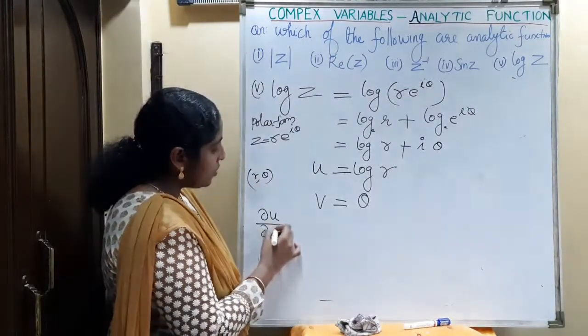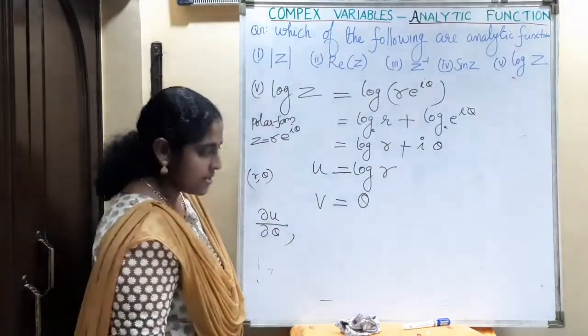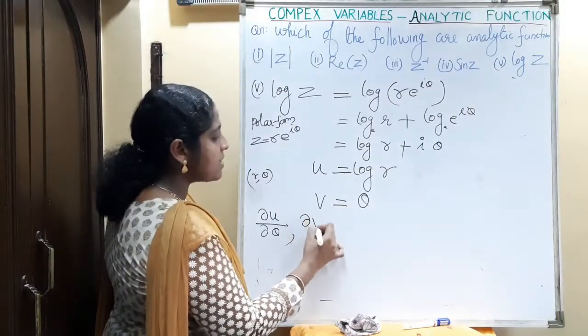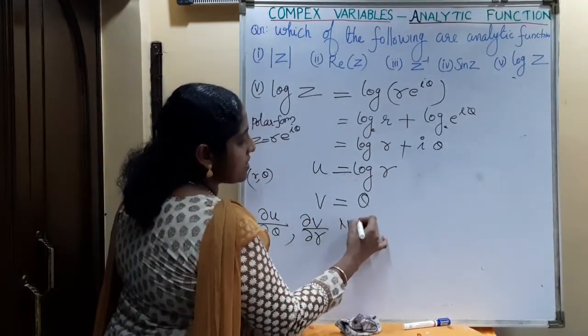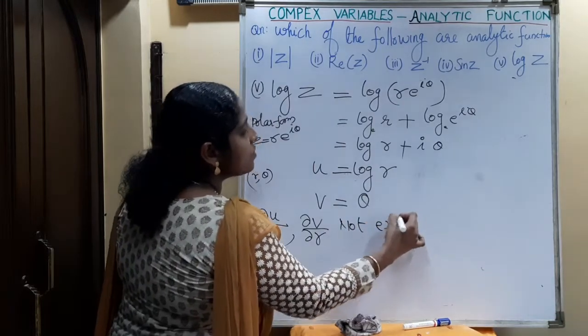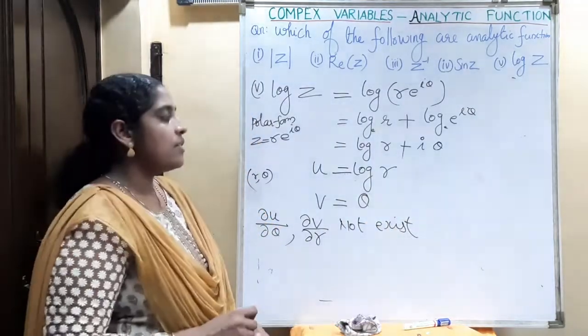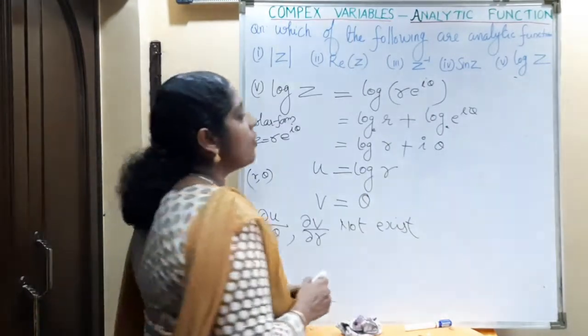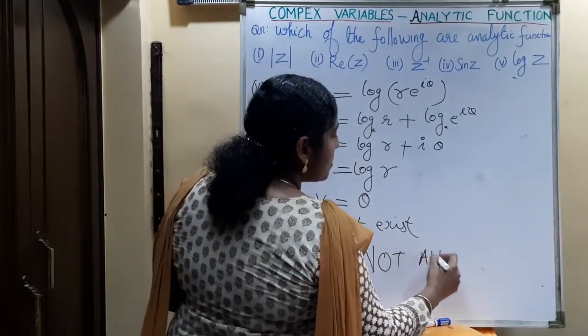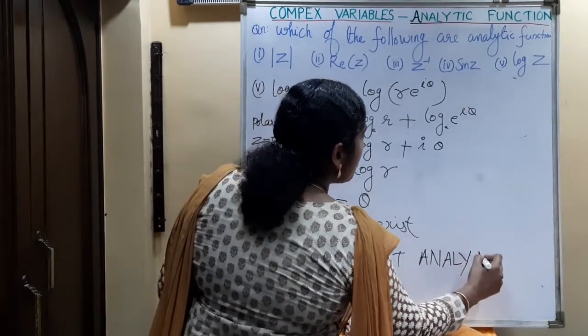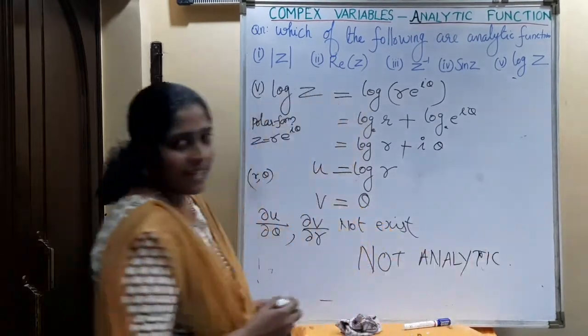So dou u by dou theta does not exist, and since v is equal to theta, dou v by dou r does not exist. Since these two derivatives do not exist, the function log z is not analytic. No need to check the Cauchy Riemann equations. The first condition itself fails, so this function is not analytic.